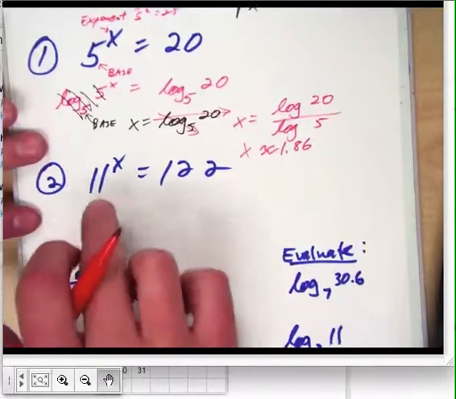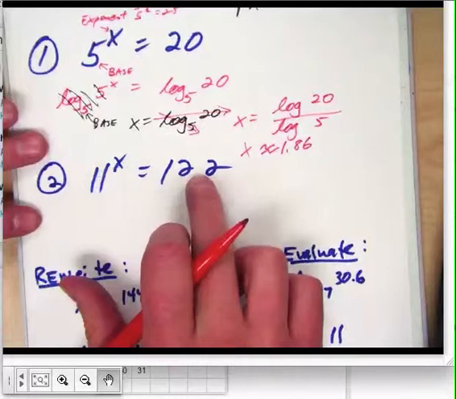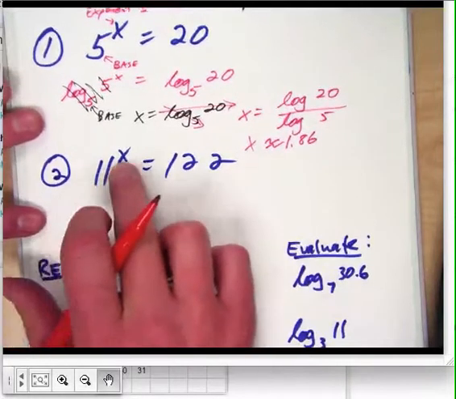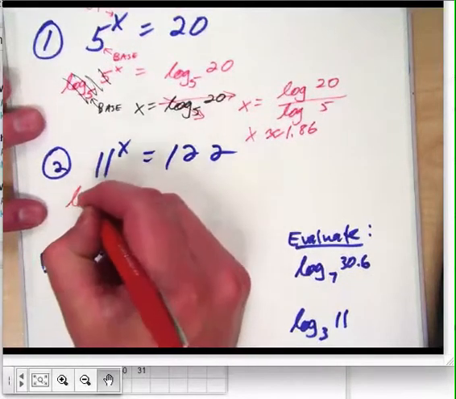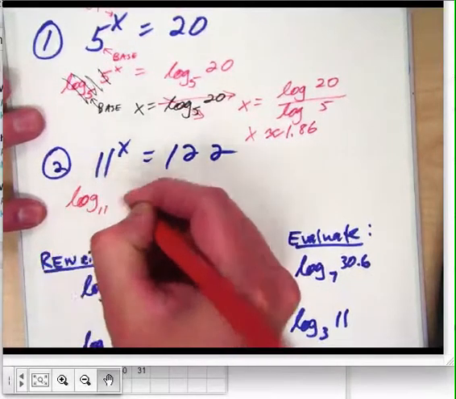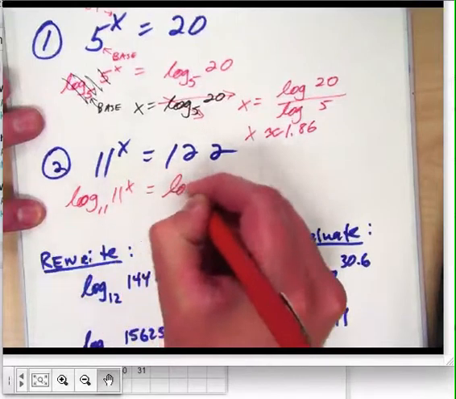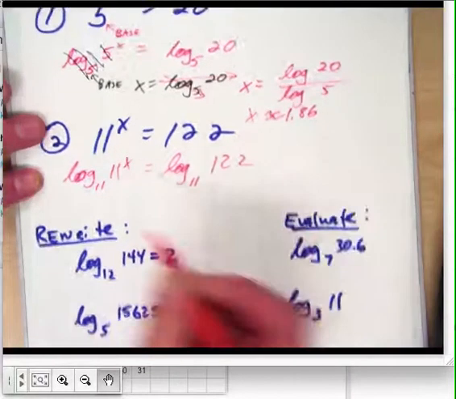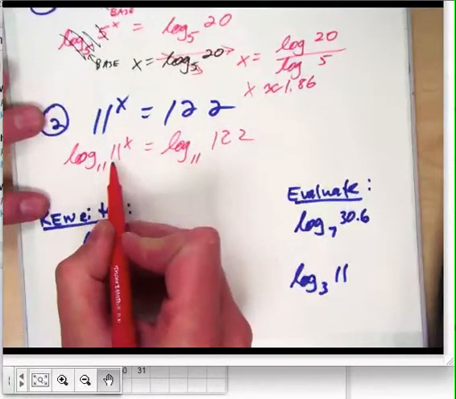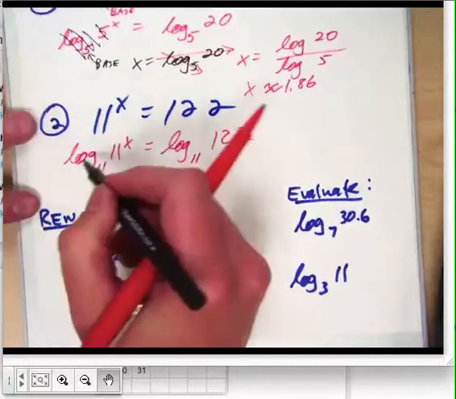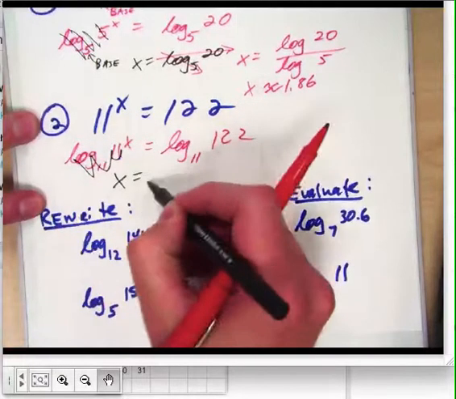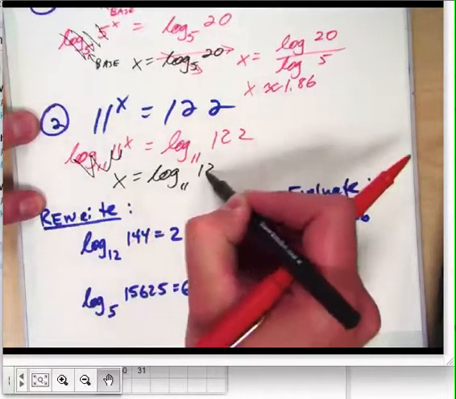Okay, a second example is what if I have 11 to the x equals 122? Well, this is exponential base 11, so I'm going to do log base 11 on both sides. Log base 11 of 11 to the x, log base 11 of 122, then log base 11 next to exponential base 11, those cancel, and x equals log base 11 of 122.